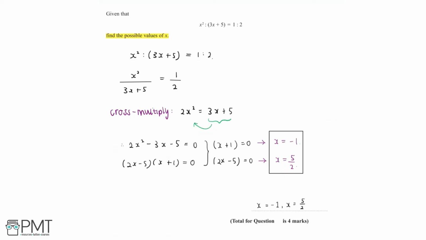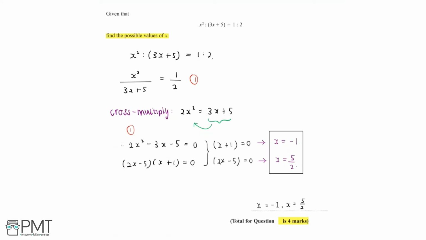This question is worth 4 marks. We get the first mark for writing the ratio as a fraction, and for saying that x squared over 3x plus 5 is equal to 1 over 2. We get the second mark for cross-multiplying and rearranging to write this in the form of a quadratic equation equal to 0, and so we said that 2x squared minus 3x minus 5 is equal to 0.